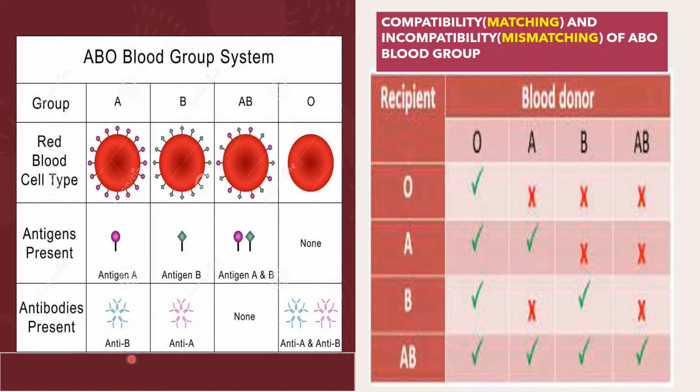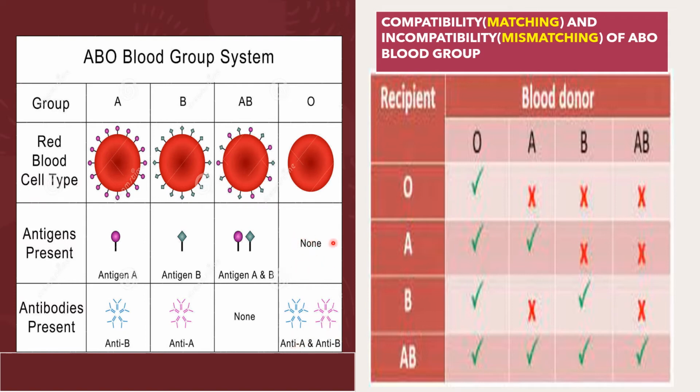In blood group B, which antibody is produced? Anti-A antibodies. In blood group AB, there are no antibodies. But in blood group O, anti-A antibodies and anti-B antibodies are produced.